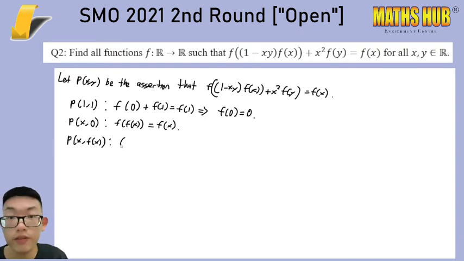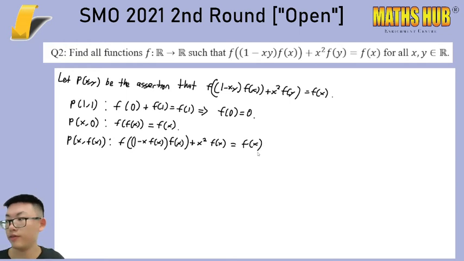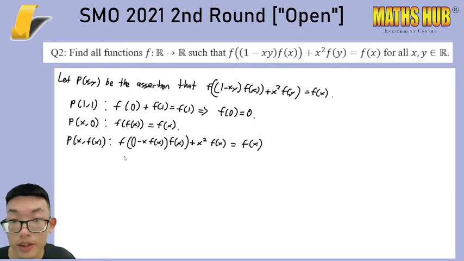So let's write down what we get. f(1 - x f(x)) - it's quite a mouthful, right? - plus x² f(x), which is just f(x) itself, is equal to f(x). So I'm going to now shift it over, forgetting the bracket there.